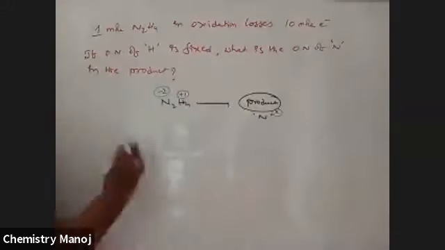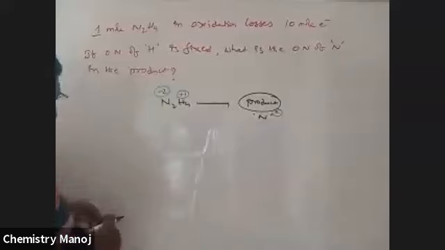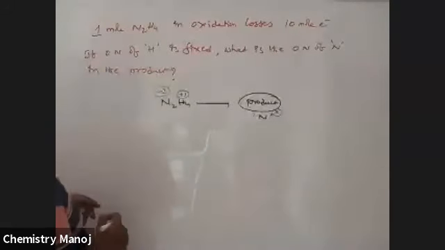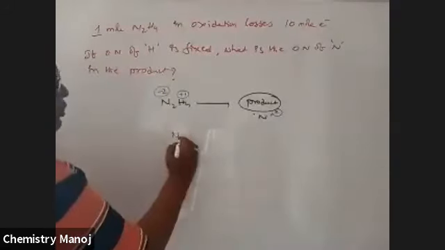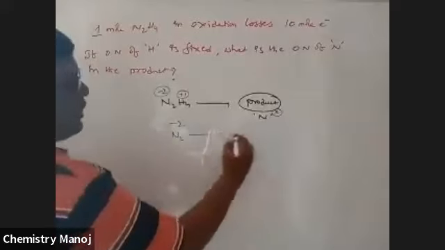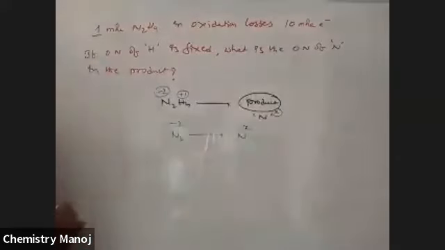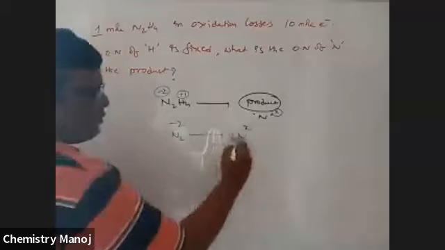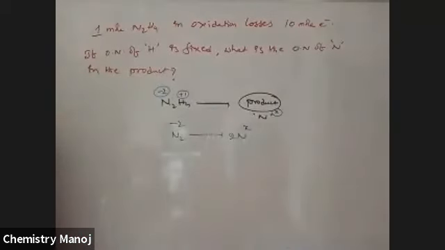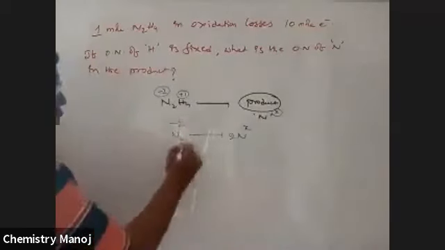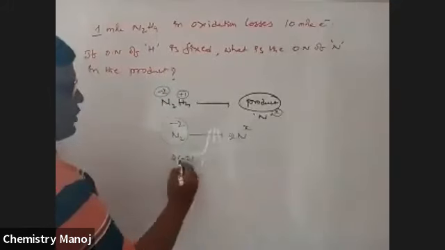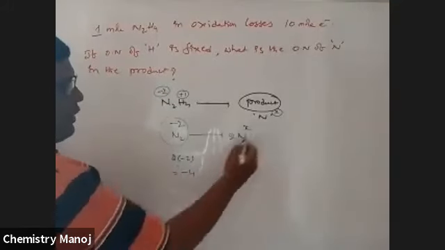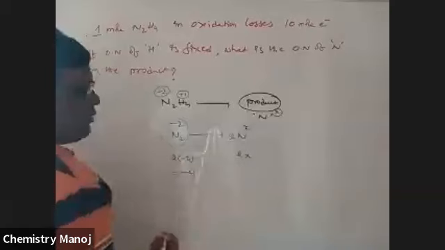Now, change in oxidation number. N2 with minus 2 changes to N with X. First balance the atoms, 2 times. Total oxidation state on the reactant side is 2 into minus 2, that is minus 4. On the product side, total oxidation state is 2x.